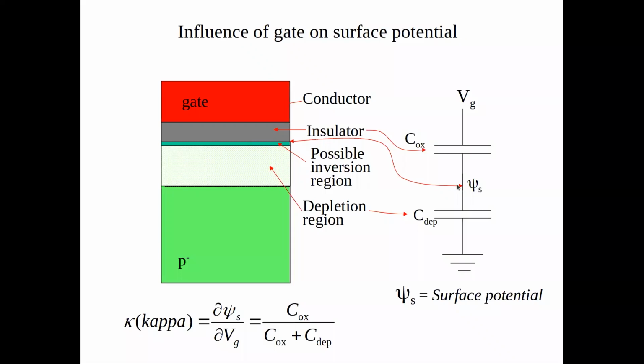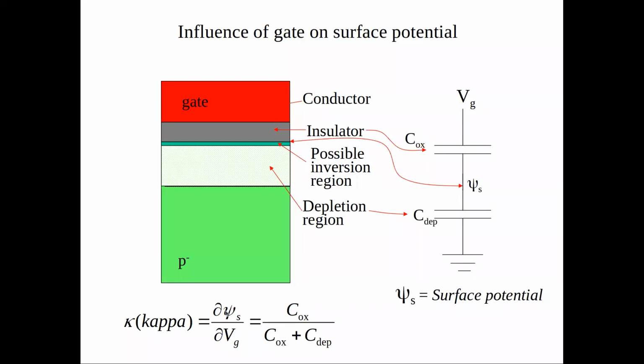So the surface potential is in between, and we want to know how much the surface potential changes when I change VG. I have control over VG, and I want to know if I double this, what is the effect on the surface potential? If I change VG, how much does Phi S change?